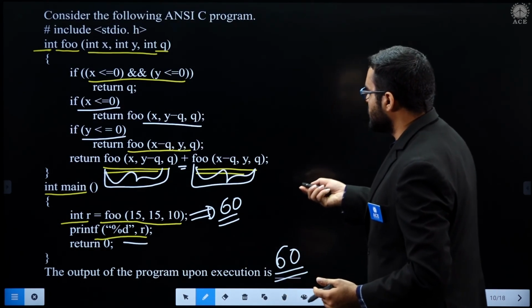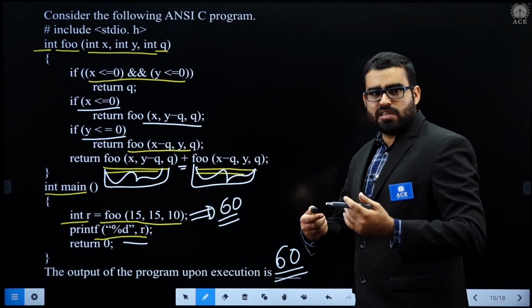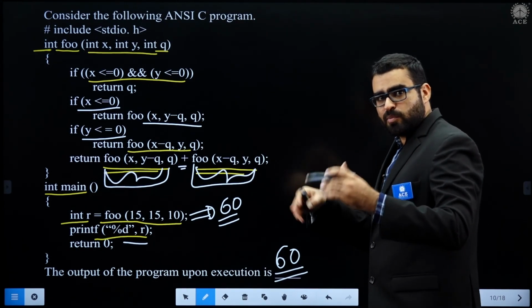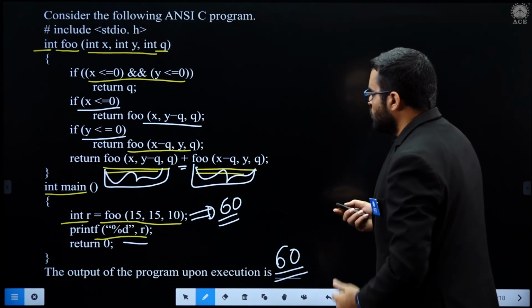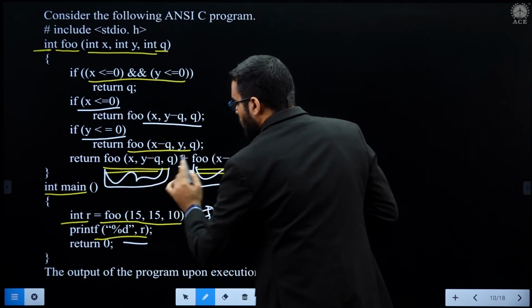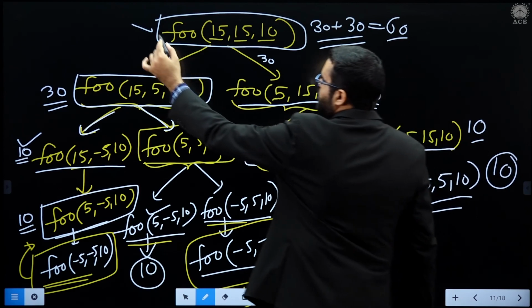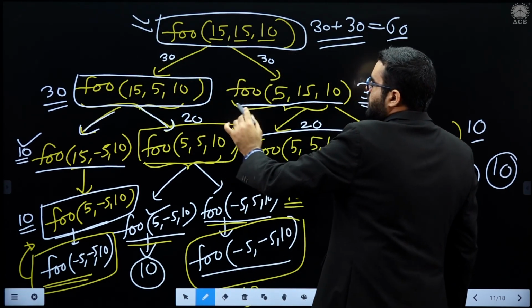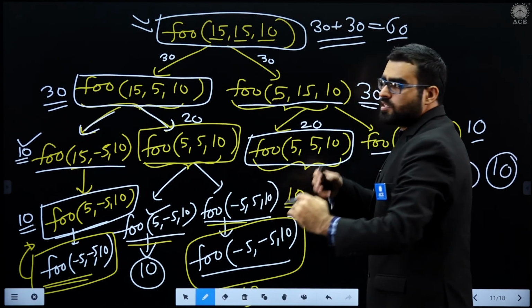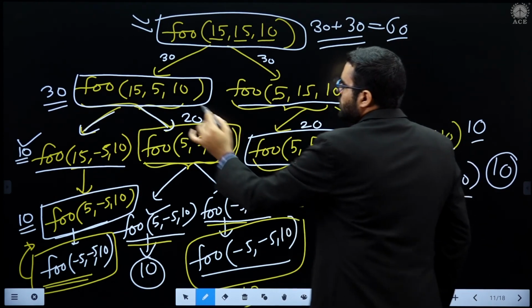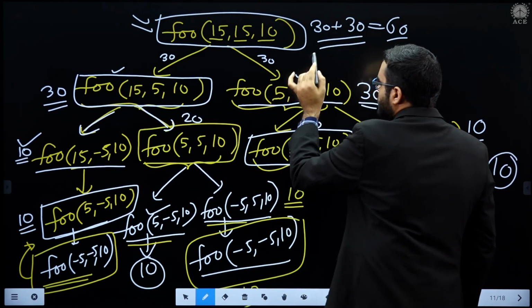You can see that when both x and y are greater than 0, we call this function call plus this function call. Initially this is the function call. Now you can see x and y are both greater than 0, so we call this function call plus this function call.